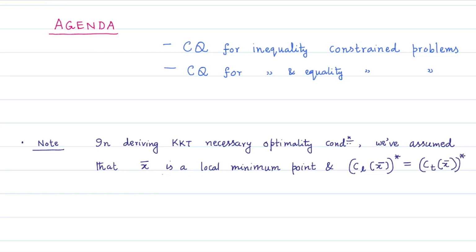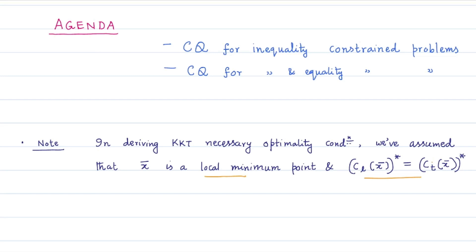Under these two assumptions, we have seen that the point x bar, being a local minimum point, must satisfy the KKT necessary optimality conditions.